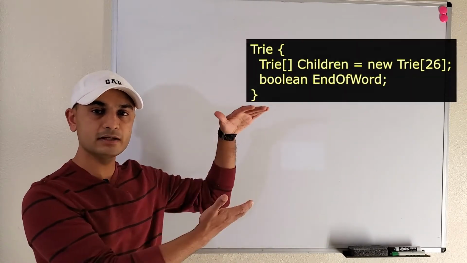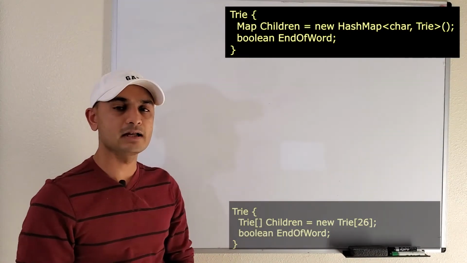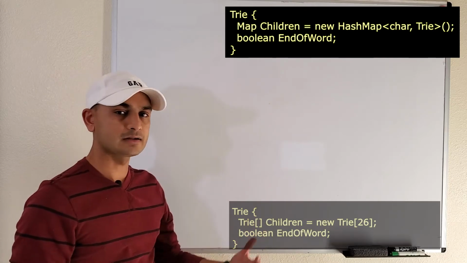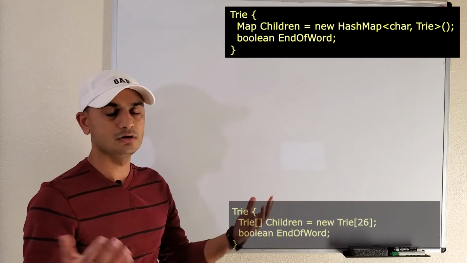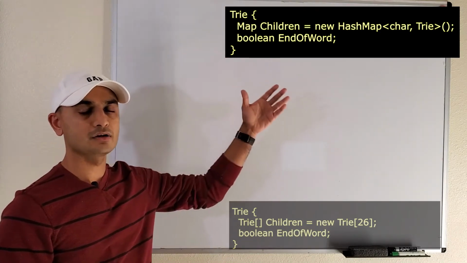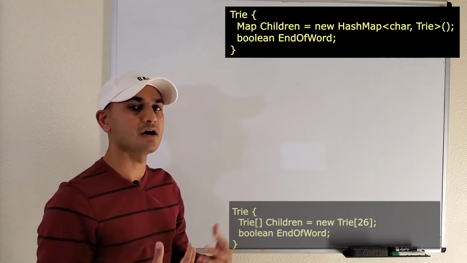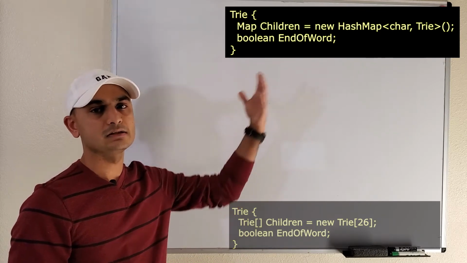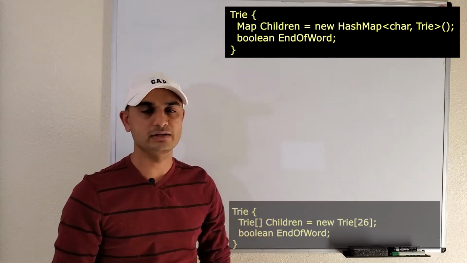The basic idea would remain the same, but let's say we have to handle more characters, like lowercase characters, uppercase characters, or numbers. Then instead of this Trie array of 26 children, we can have a map which will have the key as a character and the value as the Trie data structure.